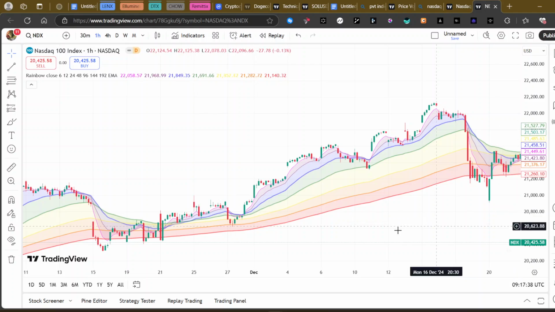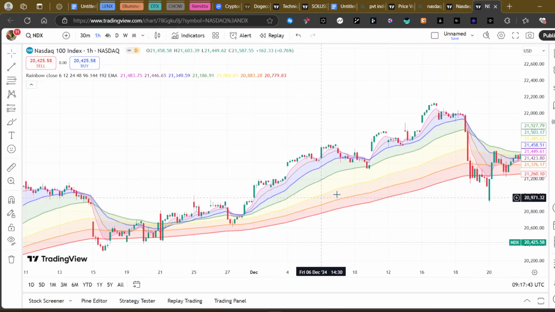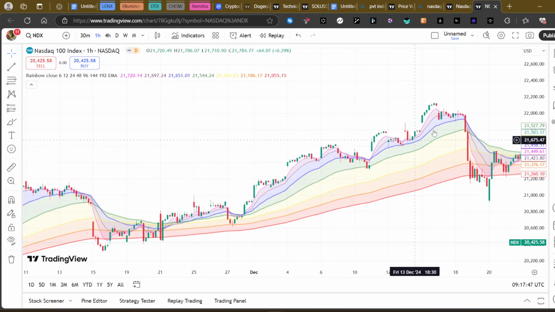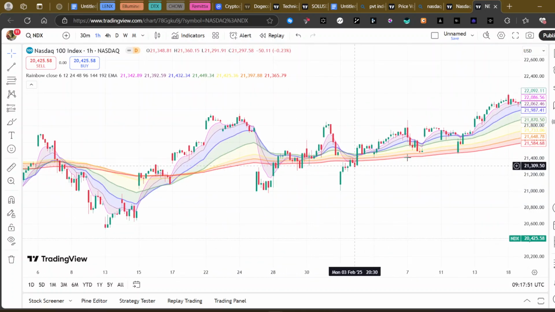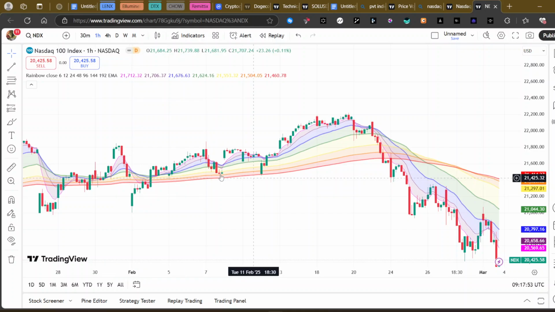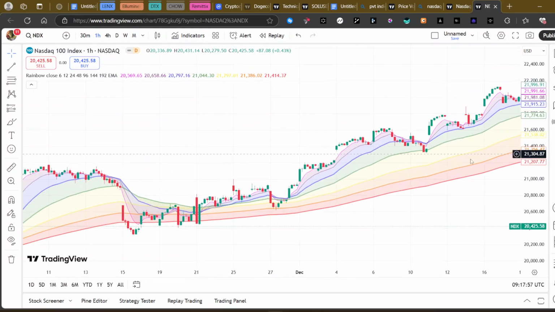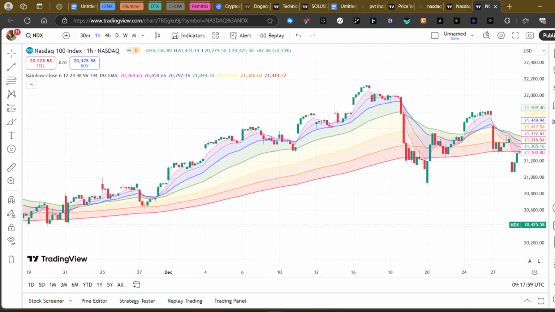Now, the wider the spacing between the lines, the stronger the trend is. As you can see, this is quite obvious here that we had wider spacing. You can see that the trend was quite strong compared to here when we had lower spacing, and the trend was not that strong. If you look at both scenarios, you're going to see the difference.